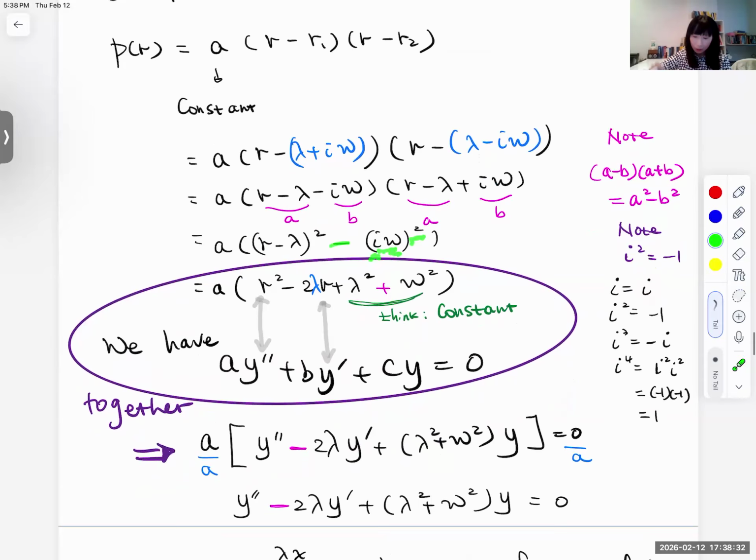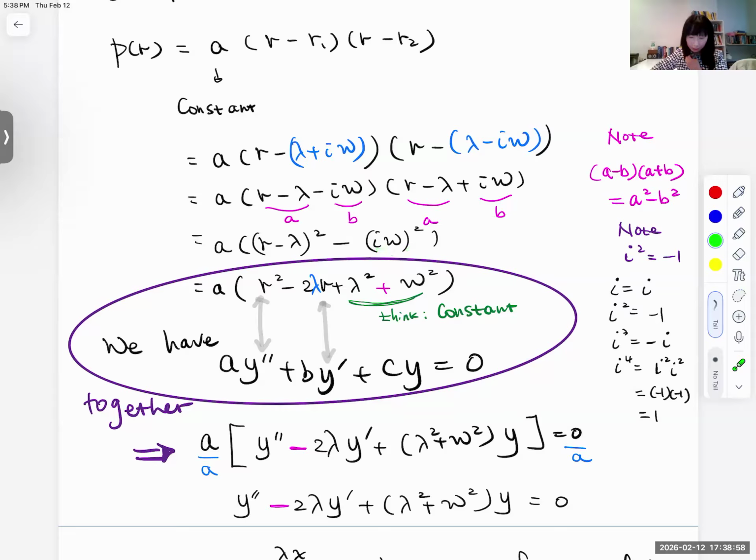Okay, so then we expand, right? If we expand, that would be R squared minus 2 times R lambda plus lambda squared, right? Yeah. And then this one i squared omega squared, right?